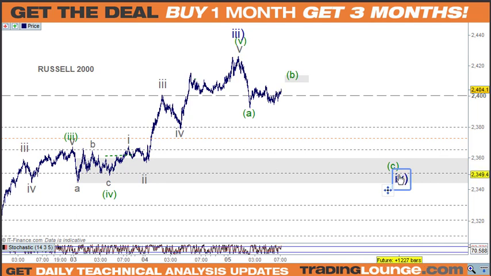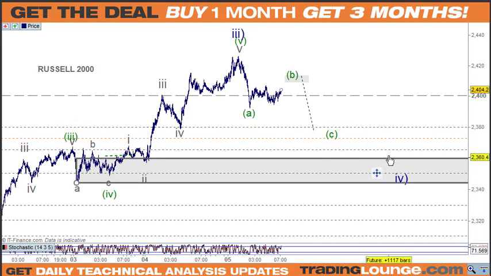Now we probably won't go this low here. What tends to happen is that the length of wave A will have some sort of equality and correlation to wave C, so we'll probably end up being supported by group 2 here.